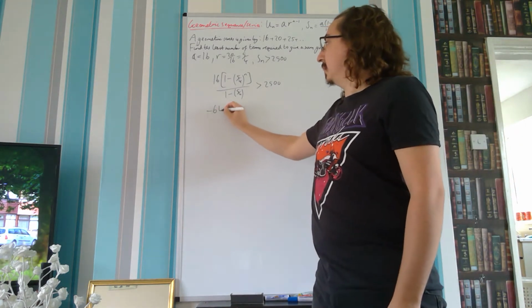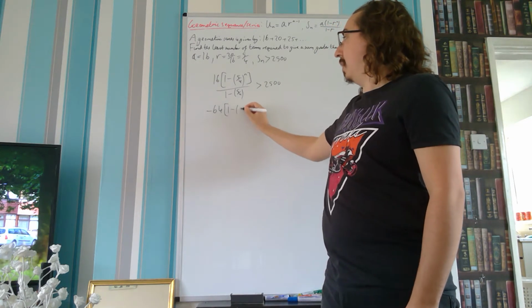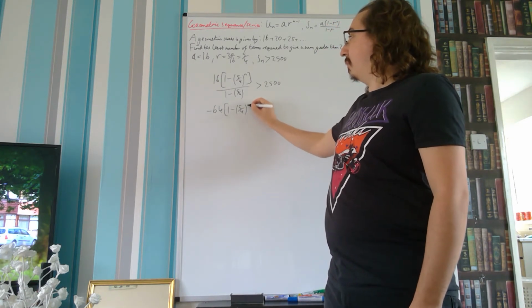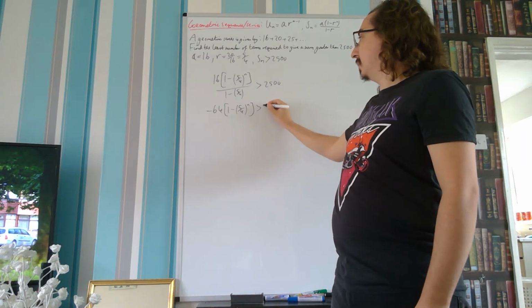So you've got minus 64 times 1 minus 5 over 4 to the n is greater than 2,500.